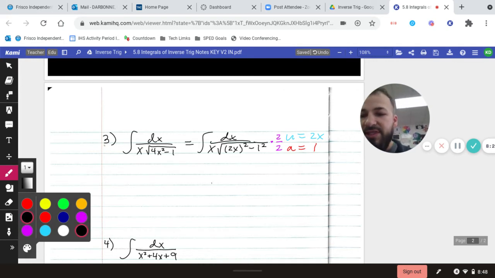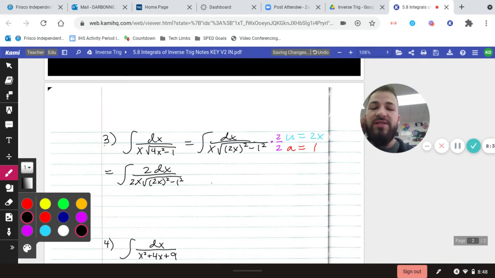So this becomes the integral of 2 dx over 2x times the square root of 2x squared minus 1 squared. So now I have 2x in both the spots I need. I have 1. I'm going to bring that 2 out front just to make it a little easier for me to integrate. So dx over 2x times the square root of 2x squared minus 1 squared.